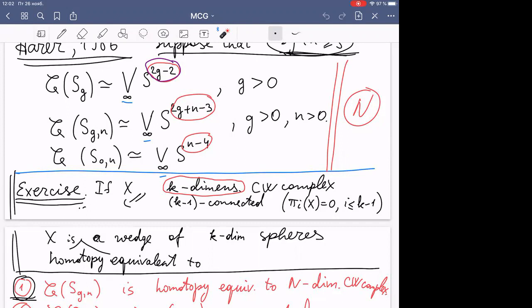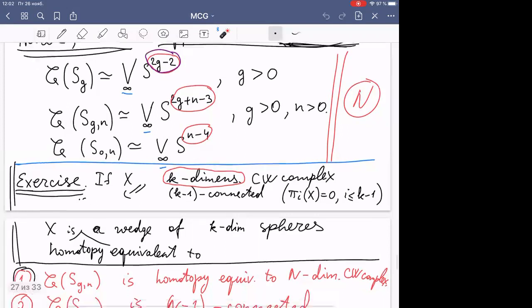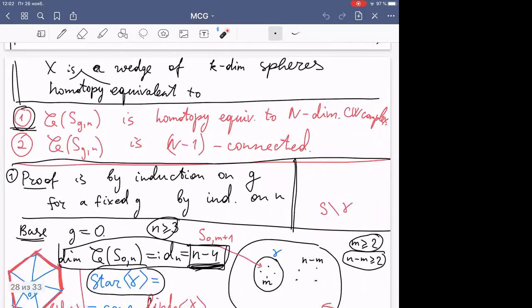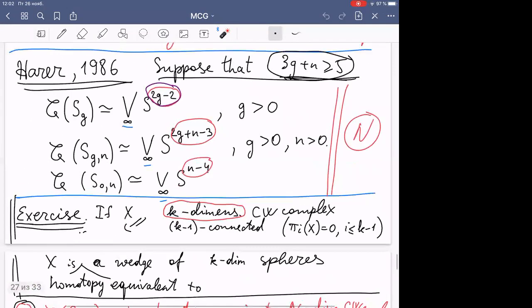And last time we have proved the first part, namely that this curve complex is homotopy equivalent to an n-dimensional complex where n is this number.